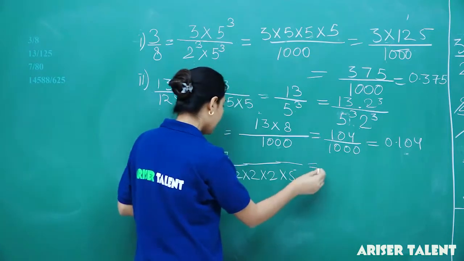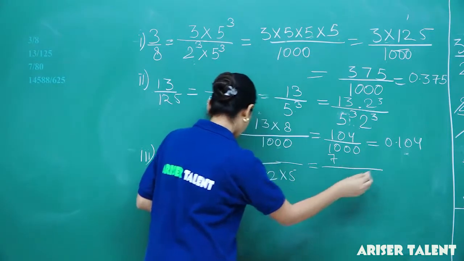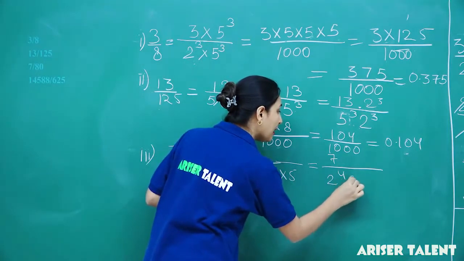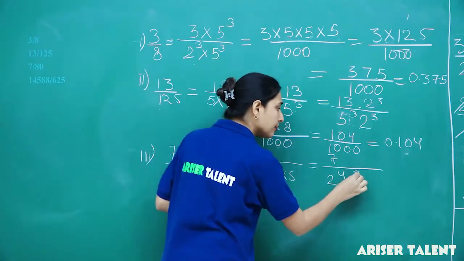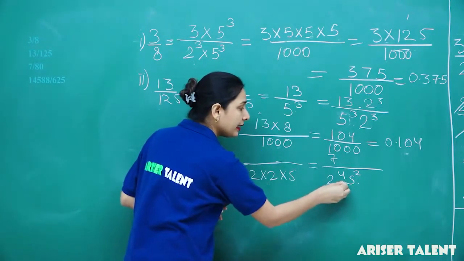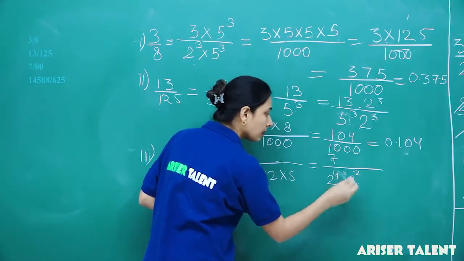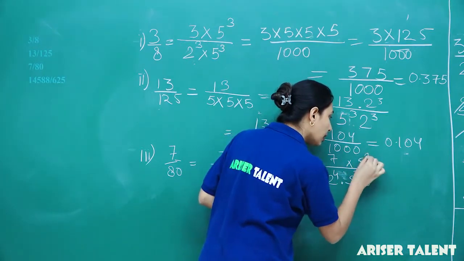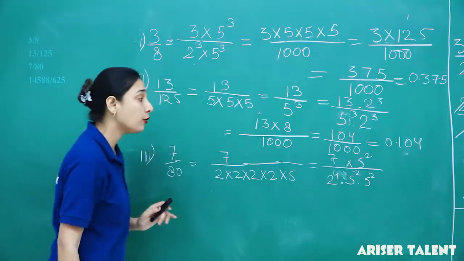Now this will be written as 7 divided by 2 raised to power 4 and 5 raised to power 1. So what do we need? 5 raised to power 2. So here we will also multiply it by 5 raised to power 2.